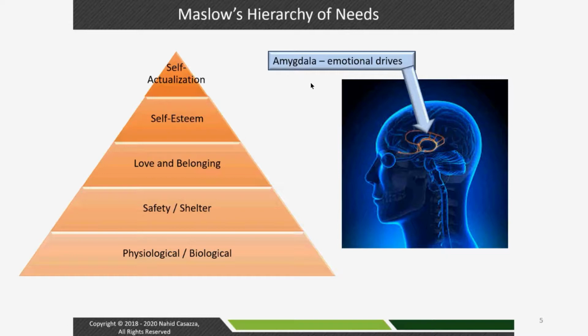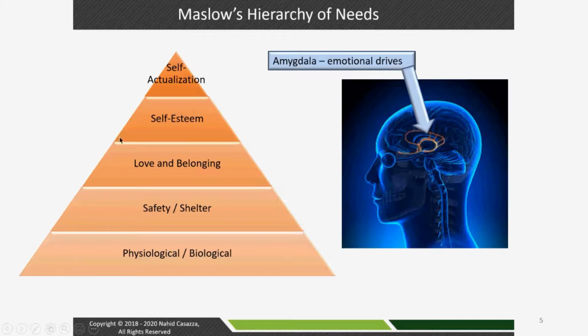And so often we'll find ourselves in battles with ourselves internally where our logical brain says, no, no, no, this is no big deal, but our amygdala is firing all these signals to us that are emotional. Well, the model of needs here tends to explain why the amygdala would fire and why we would have emotional reactions. So let's go through it very briefly.